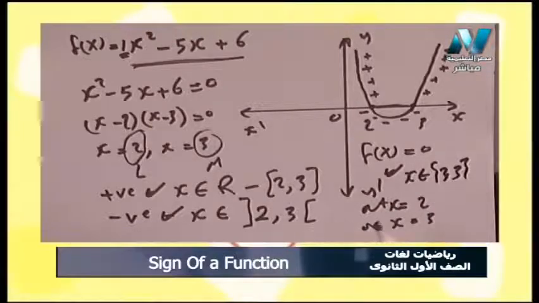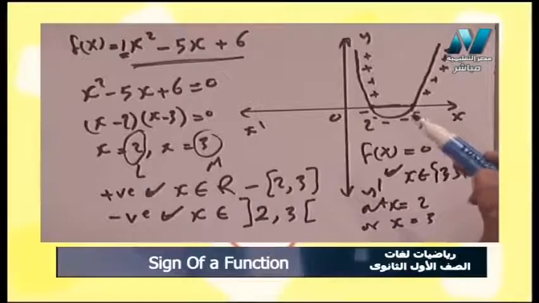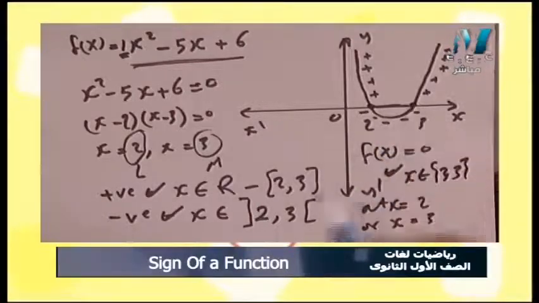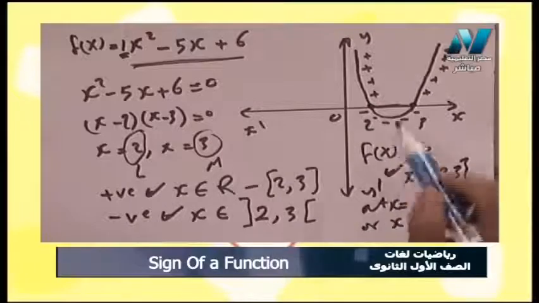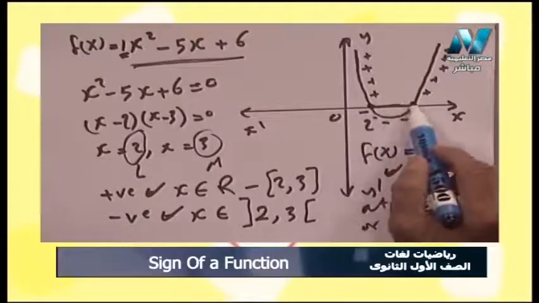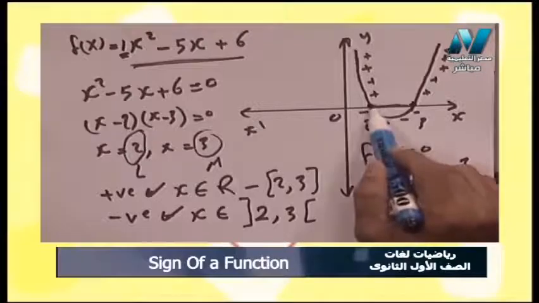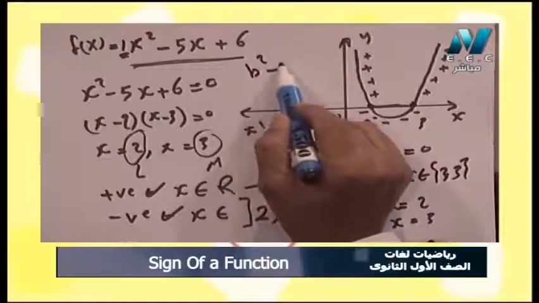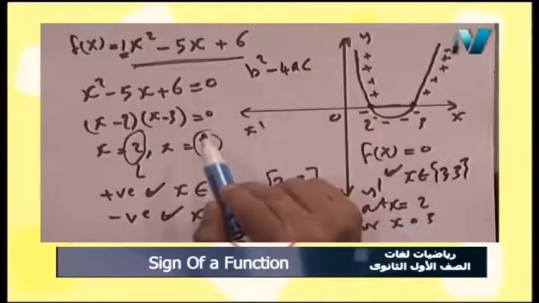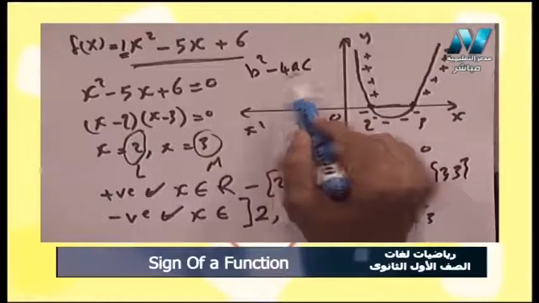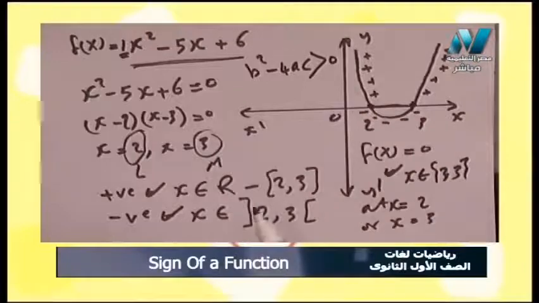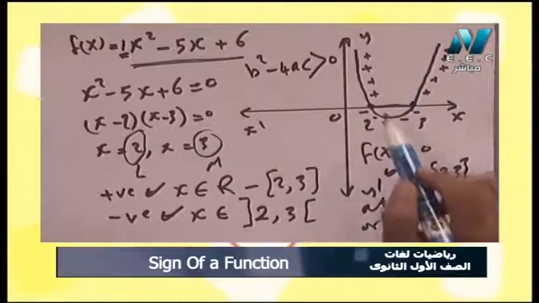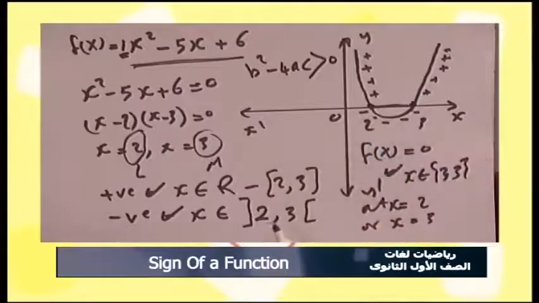Okay, we notice that when the function has two different roots, you will remember about the discriminant. Discriminant will be b power 2 minus 4ac, and when this discriminant is greater than 0, then the quadratic function here has two different roots as 2 and 3.